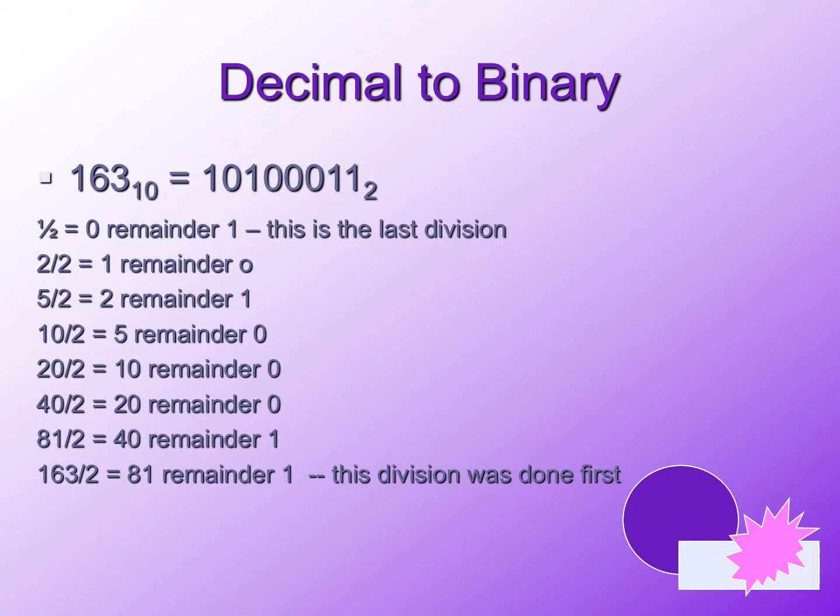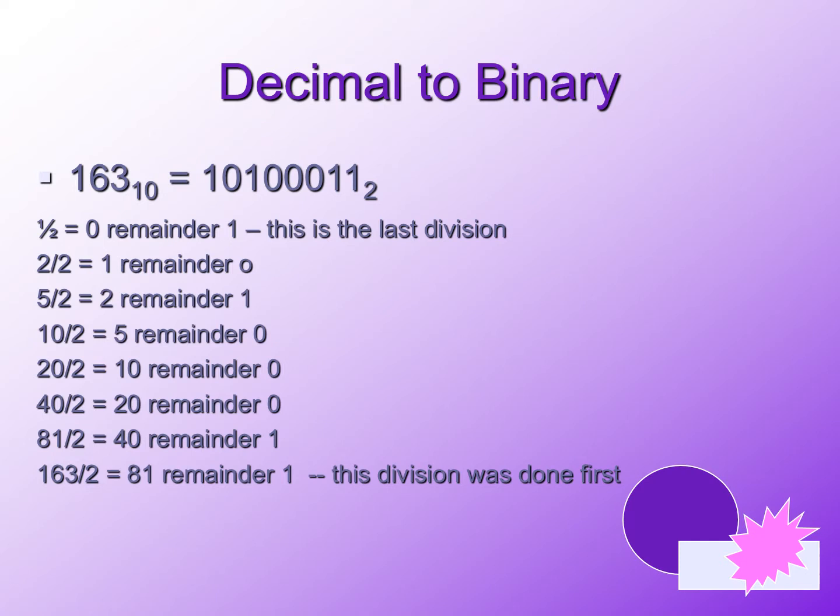The very first thing is, if you want to use the little division symbol, the one they call the little house, it looks kind of fun, almost like half a leaning tower of pizza by the time you get done. I'm going to start at the bottom, take 163, my base 10 number, and divide it by binary base 2. So I get 81 with a remainder of 1.